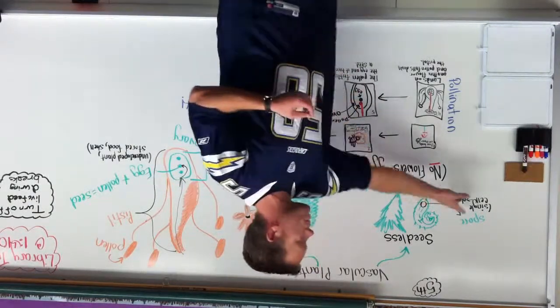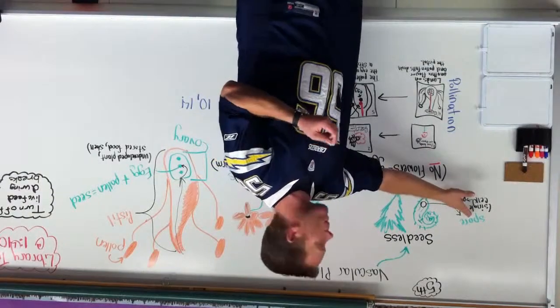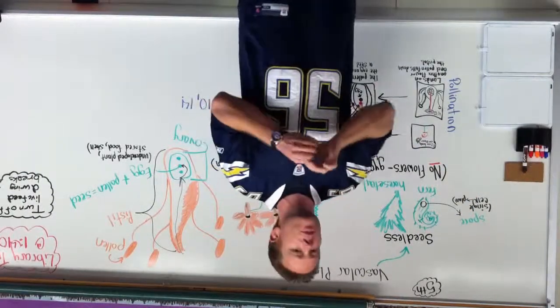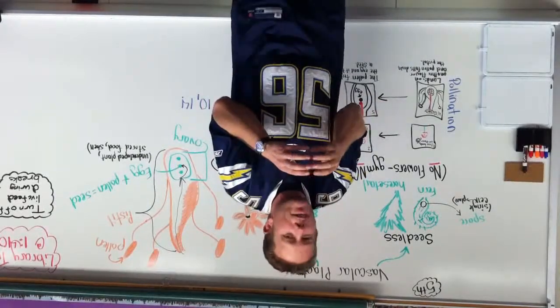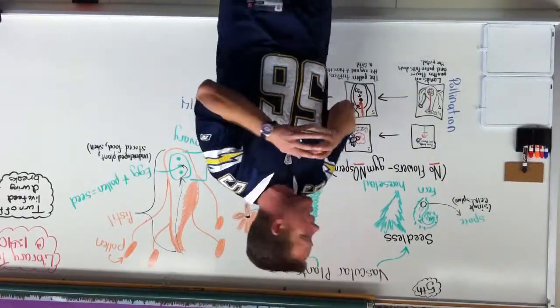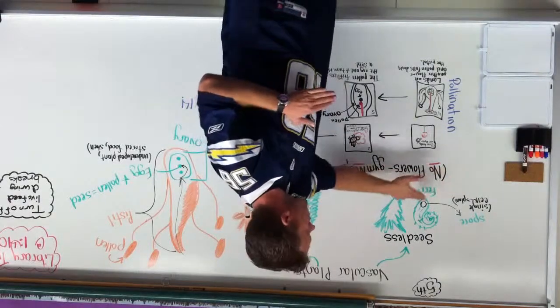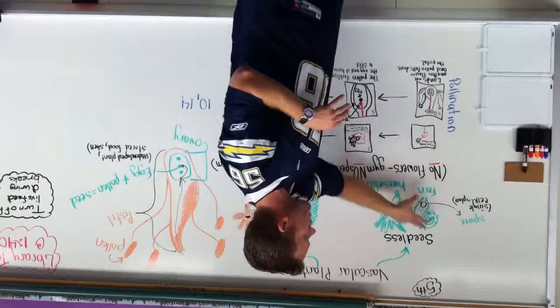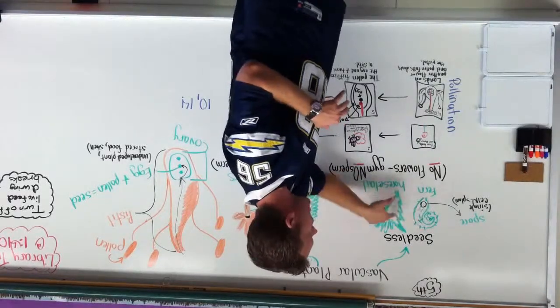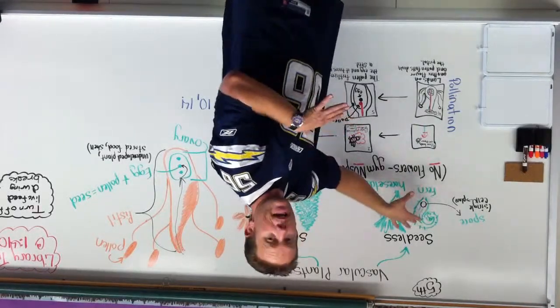Seedless plants are formed by what's called a spore. Now, a spore is a single cell, and inside that cell, there is actually a whole plant just waiting to come alive. Okay? How does it come alive? First of all, the spore is kind of hanging out on the seedless plant. There's a whole bunch of spores hanging out all over the tips of these plants.